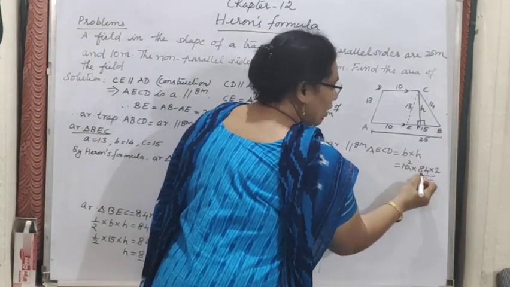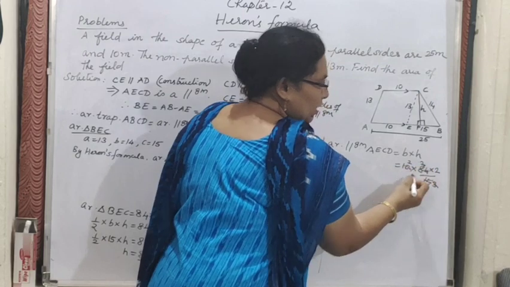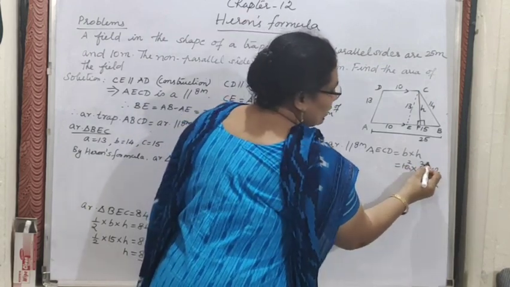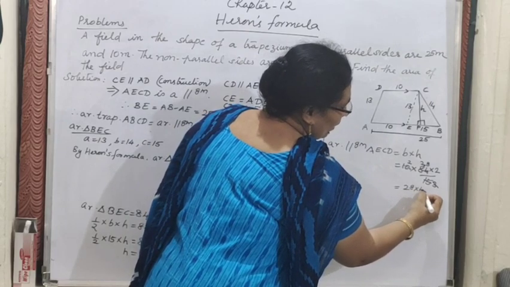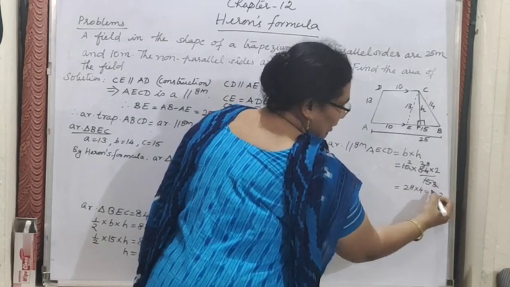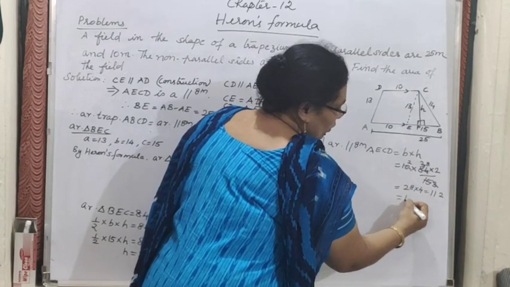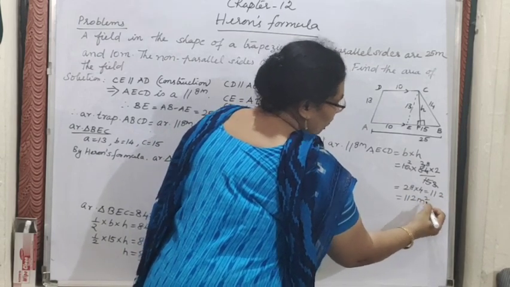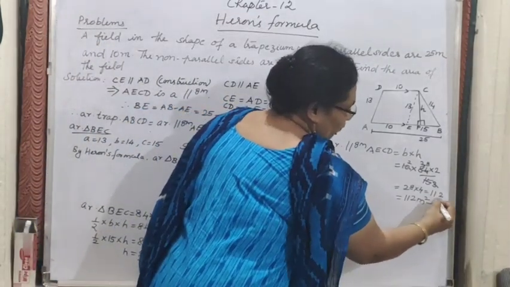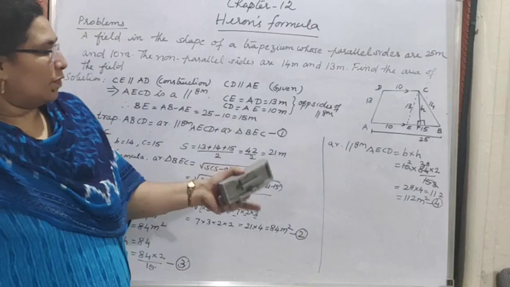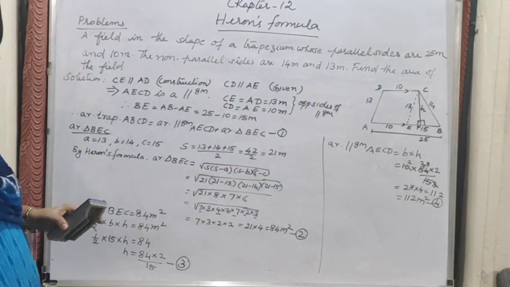Here 2 and 3, again 3 we can use here. 3 2s are 6, 24 is 8. So 28 into 4. 8 4s are 32, balance 3. 8 4 2s are 8 plus 3, 112. So 112 meter square. What is the next equation number? 2, 3 done, so it is 4. Got now? So we got area of the parallelogram AECD equal to 112 meter square.